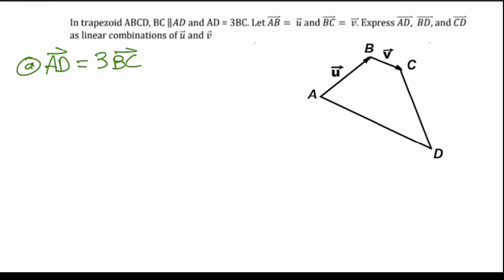We're all good there. And we already said that here vector BC is equal to vector V, so we can just write this as 3 times V. So vector AD is equal to 3 times vector V.